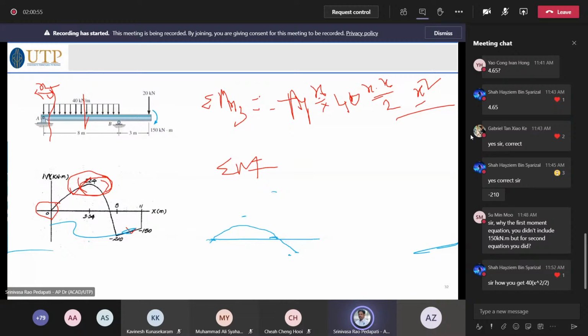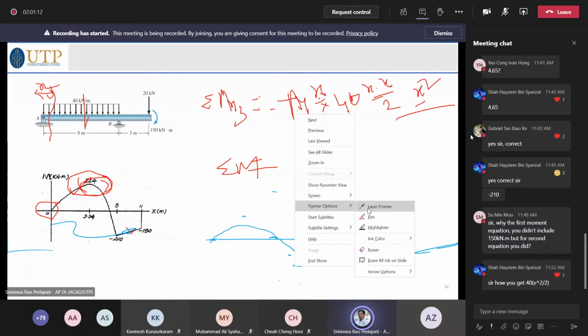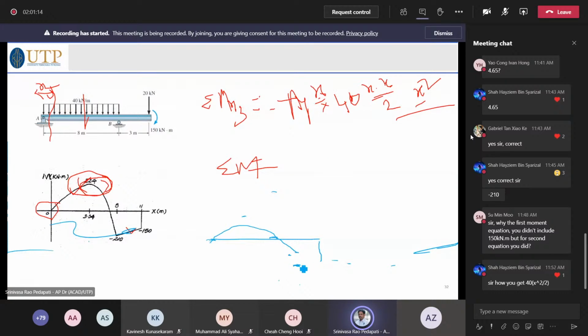We only find the salient points. Here it is like this, and from here to here it is the maximum. From here to here, is it going as a straight line? And then from here to here, how is it going? Is it going parabolic or straight line?